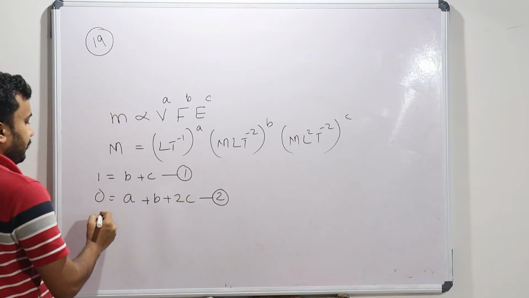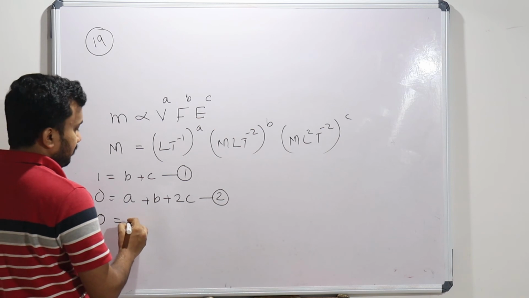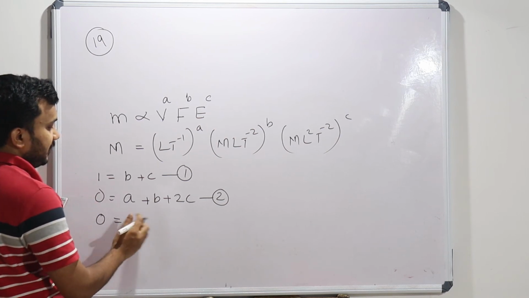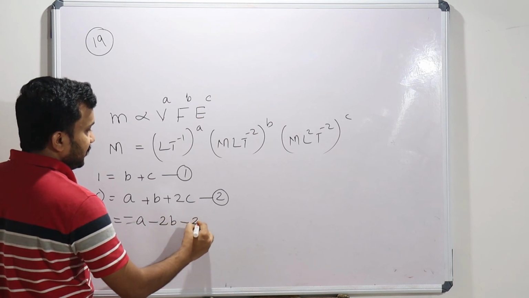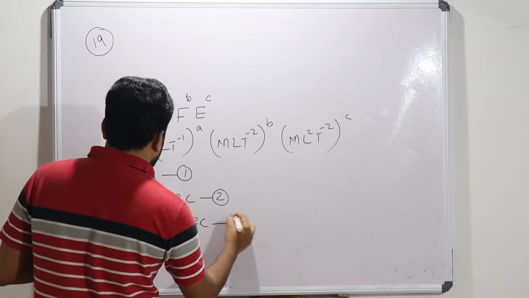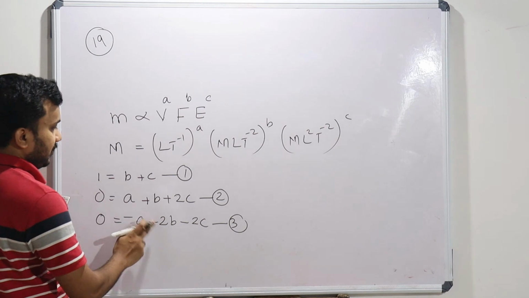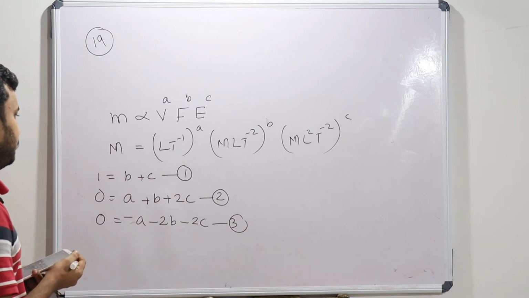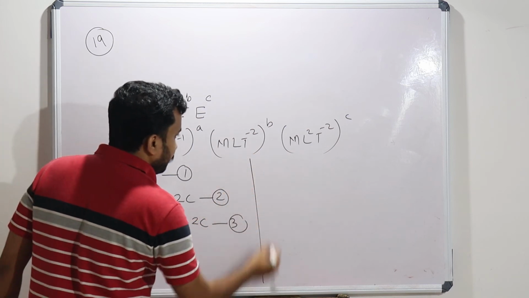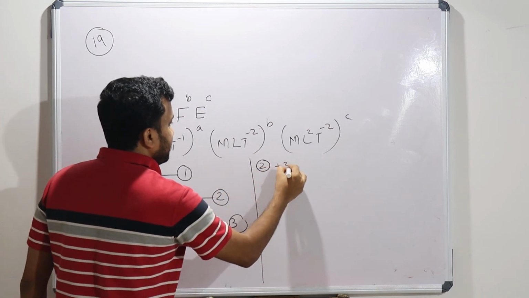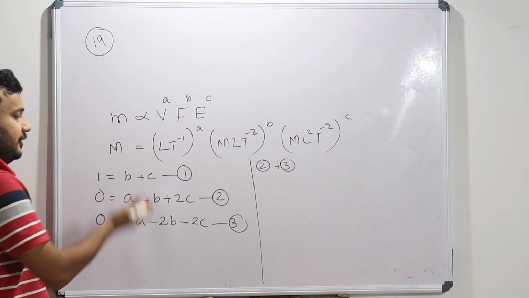For equating the power of T, it is 0 equals minus a minus 2b minus 2c, equation number 3. So we got a couple of equations. What I'm going to do is add equation number 2 plus 3. You have to solve this one.